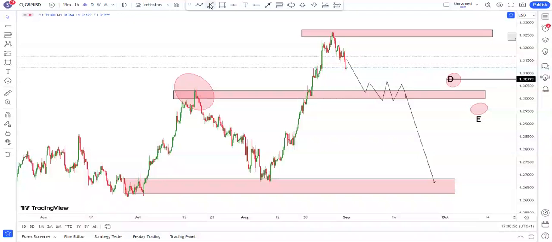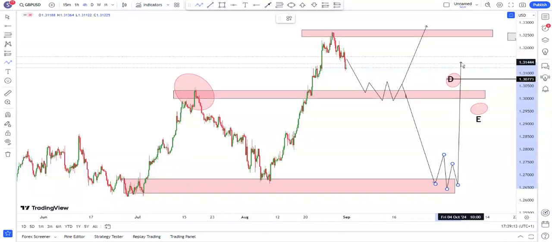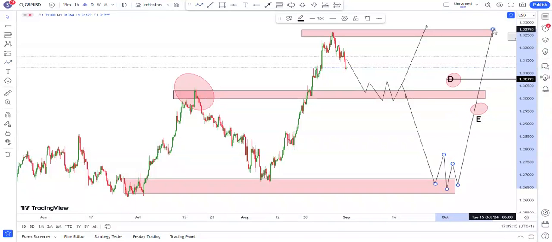If it reacts and this resistance holds, the market will move this way. You understand? And if it fails to hold, it will come down this way and react on this zone. Then it will continue moving up.